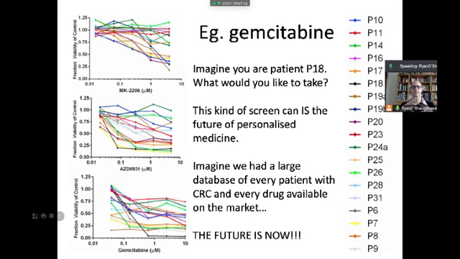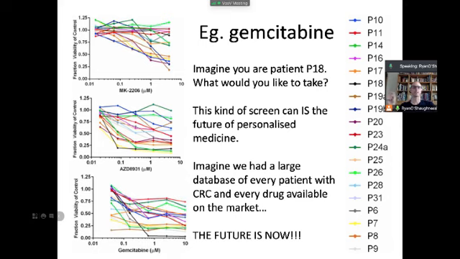So the next idea, the concept, is using organoids to determine a personalized drug treatment regime for that particular tumor. So imagine we had a large database of every patient with colorectal cancer and every drug available on the market, and a determination of which drugs were effective for which kind of tumor.